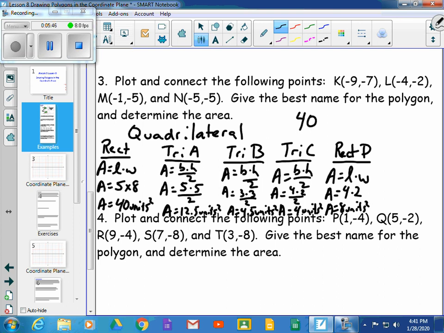And I'm going to subtract away each of those outside shapes' areas. And when I do, I get a total area of 11 units squared.